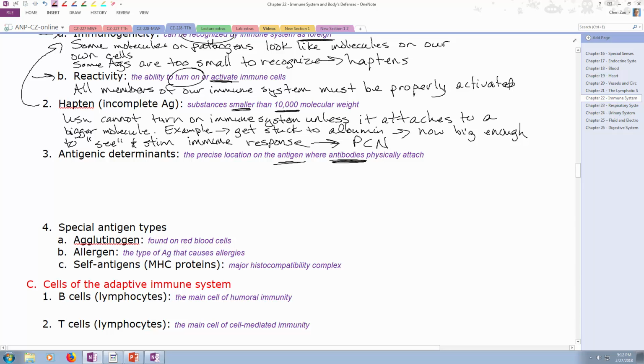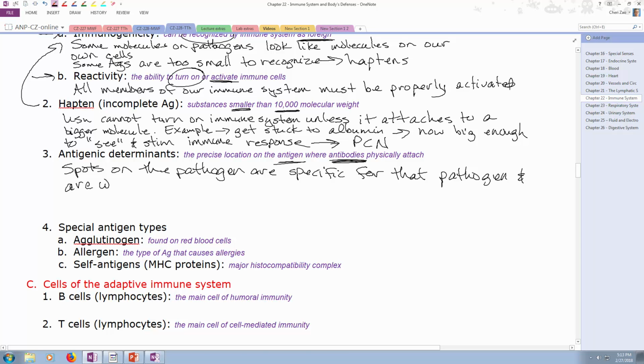And so what we're talking about here is that spots on the pathogen are specific for that pathogen and are what we create antibodies to.